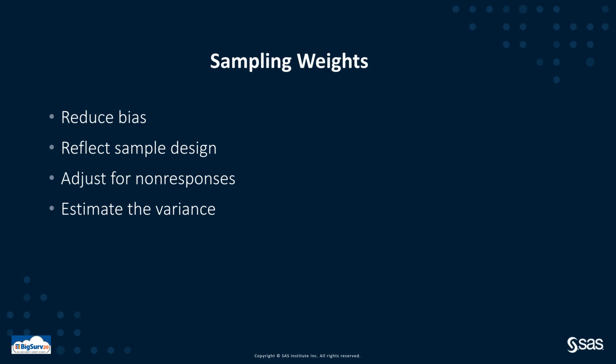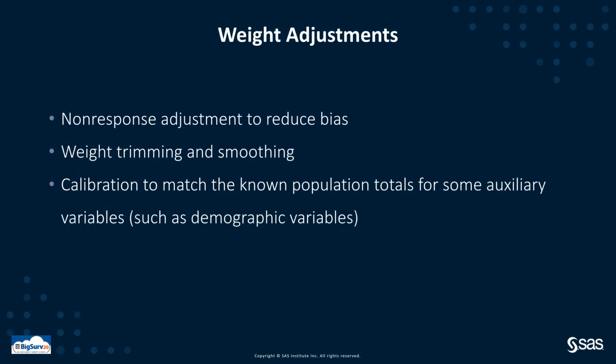In survey sampling, after a sample is collected according to a complex sample design, sampling weights are created to reflect the design and to ensure unbiased estimates for response variables in a finite population, and to estimate the variance. However, sometimes the weights are not ideal.